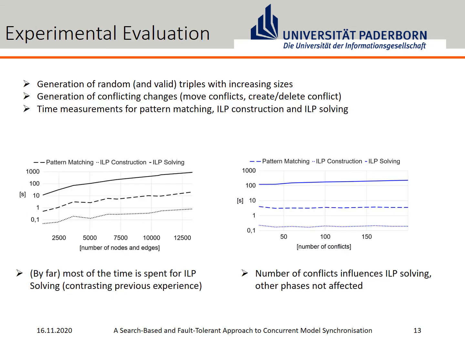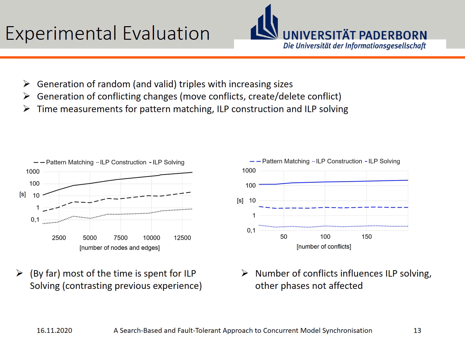In an experimental evaluation, we assessed the runtime performance of our approach. Therefore, we first of all generated random triples with increasing sizes using the TGG rules at hand. Afterwards, artificial conflicts were introduced, such as move conflicts or create-delete conflicts.